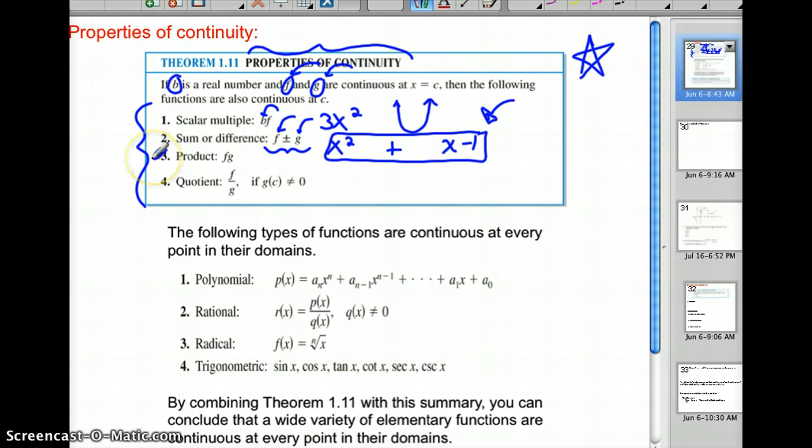Likewise, they say you can multiply two continuous functions and they're still continuous, and you can divide. This is very important though. Keep in mind that we can't have that denominator equaling 0 because that's going to give us a discontinuity there. So yes, I can take x squared minus 1 and divide it by x plus 1. But because my denominator can equal 0 at negative 1, I've got a discontinuity there.